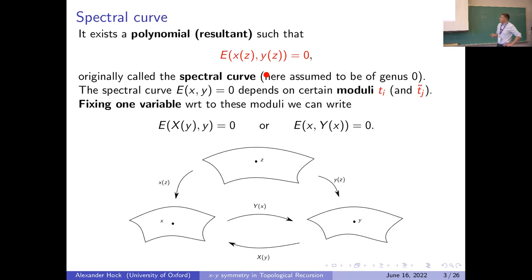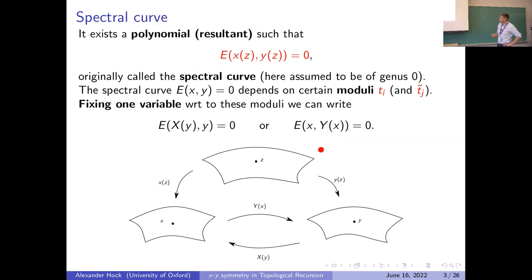Since you write the polynomial in this way, you can locally try to figure out what capital X of y is, where small y is held fixed with respect to the moduli. Or you can write capital Y of X, where small x is fixed with respect to the moduli. And this you can do locally, so you have a formal expansion capital Y of X here.